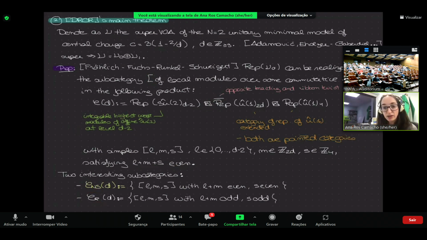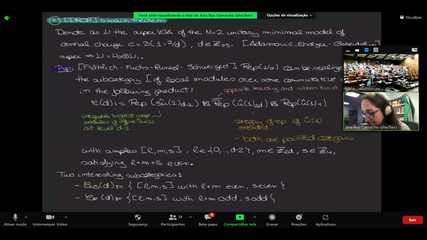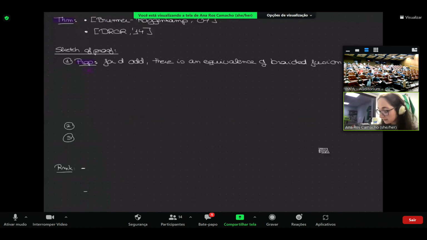All right, so now we have all the ingredients I need for stating this big theorem. Well, not big theorem for me, it was very big and very special. But okay, stating the main theorem of this article. As a warm-up, let me say that these two categories, PD and C NS, were first proven by two physicists, Ilka Brunner and Daniel Roggenkamp, back in 2007, to be equivalent as C-linear categories.